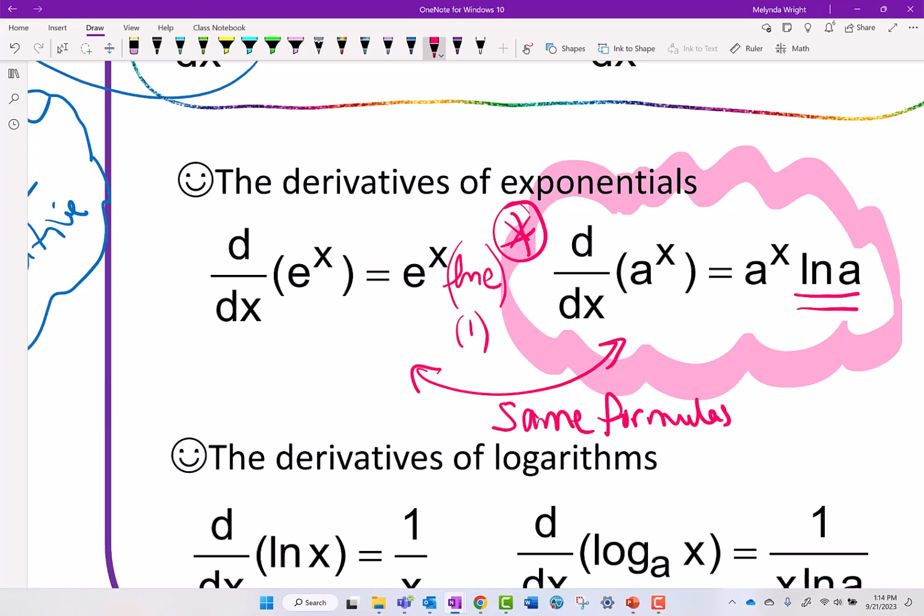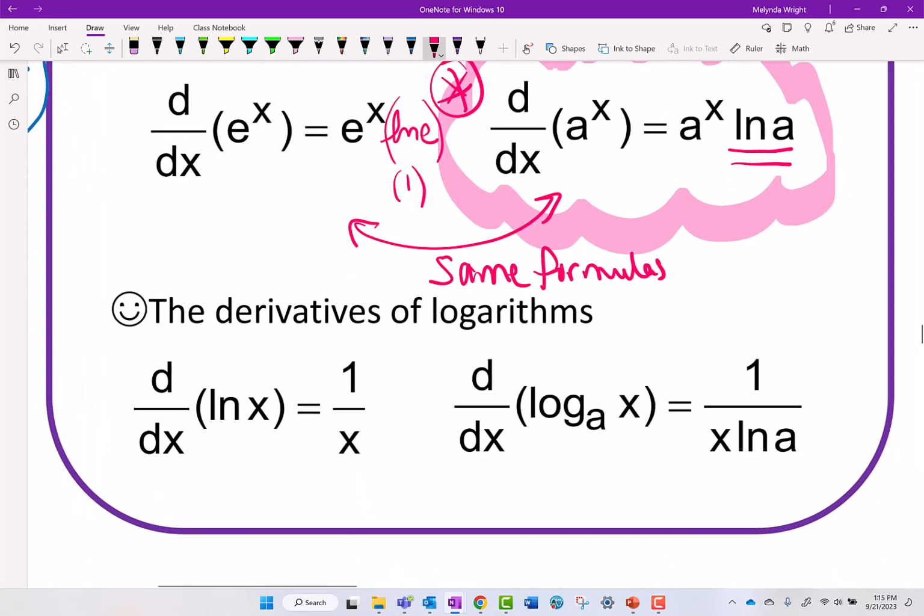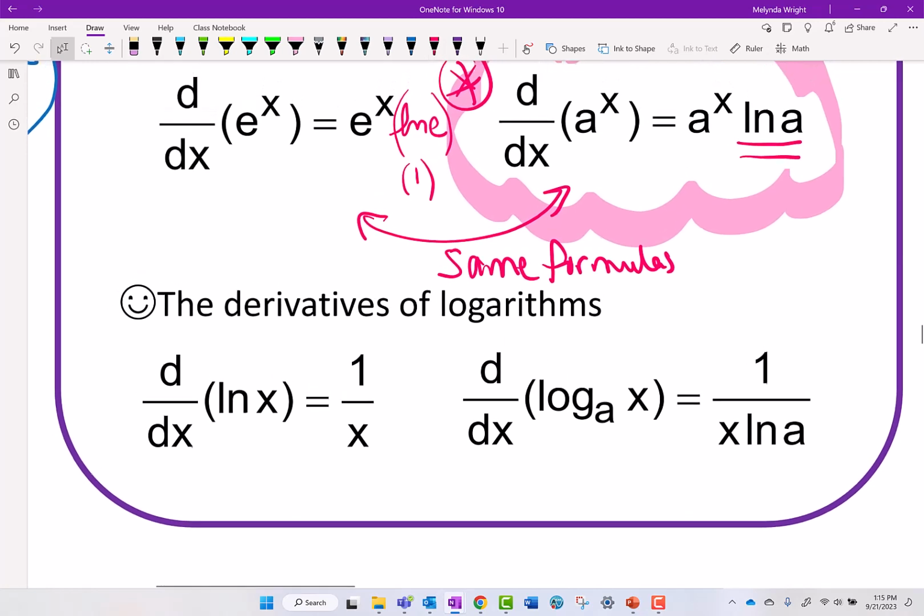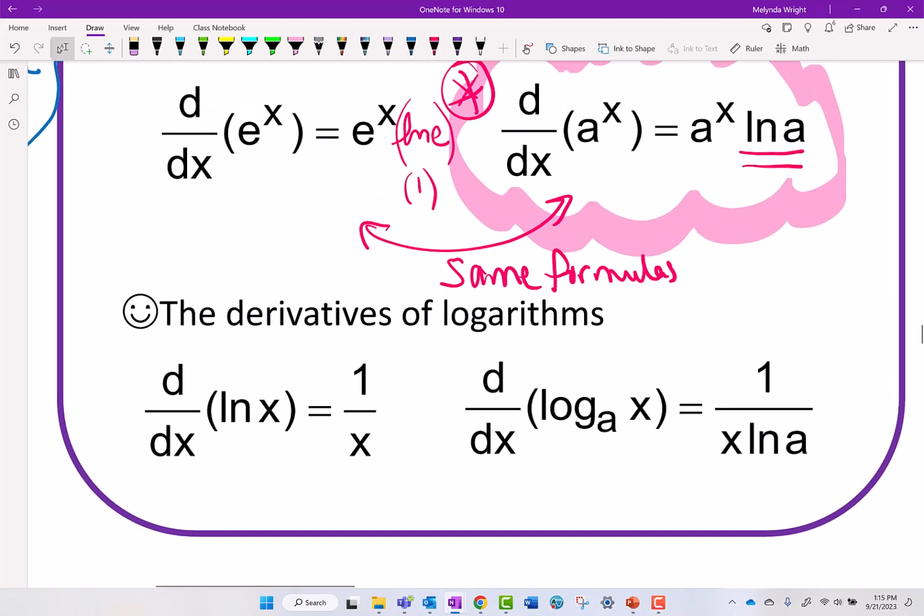Okay, we doing okay? Then we have the derivatives of logarithms. The derivative of natural log, again, is easy because it's 1 over x. Really, it's 1 over x ln e, and we know ln e is 1, so we don't write that down. The derivative of log base a is 1 over x ln a.